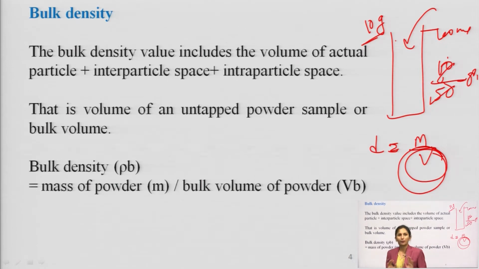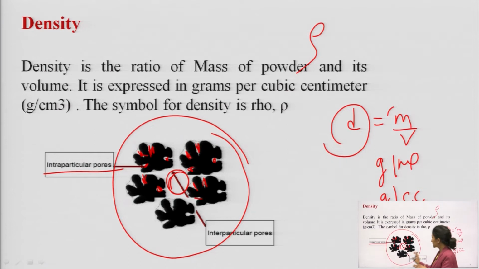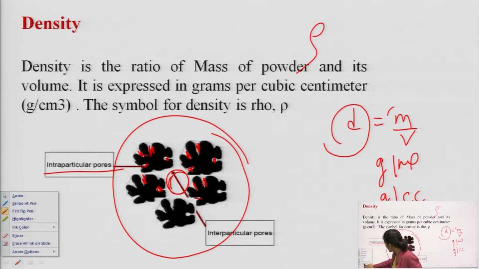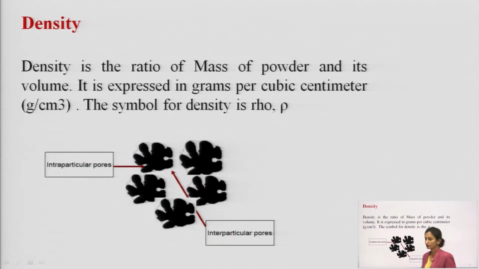In the case of the bulk density, it is mass upon volume, but the volume, that is the bulk volume, includes the actual particle volume plus interparticle space plus intraparticle space. For example, in this image, for calculation of the bulk density, first you have to know the bulk volume.